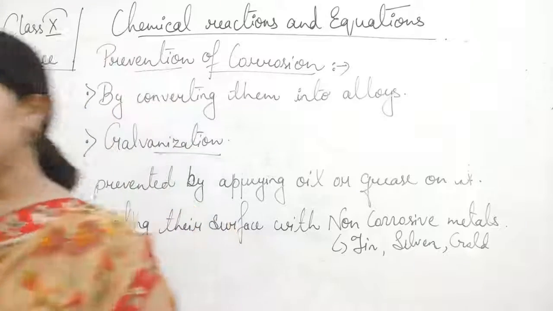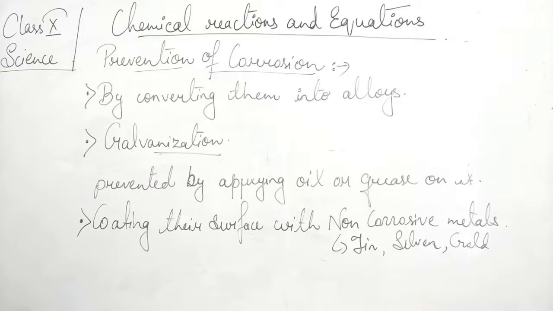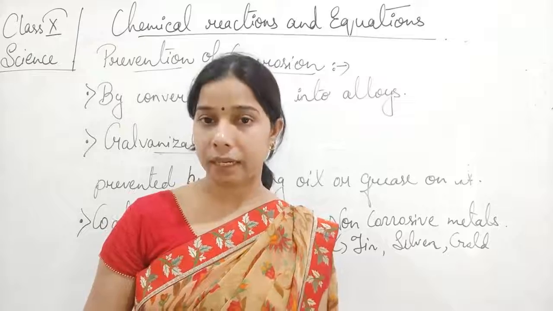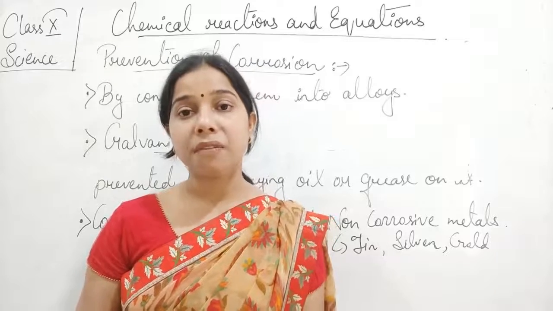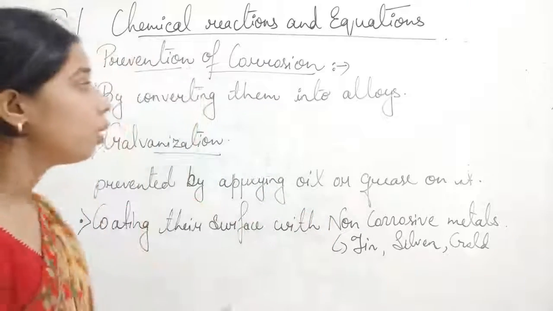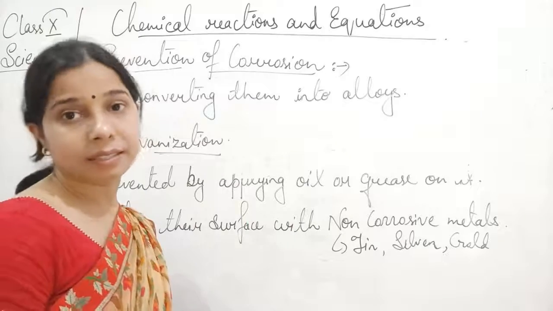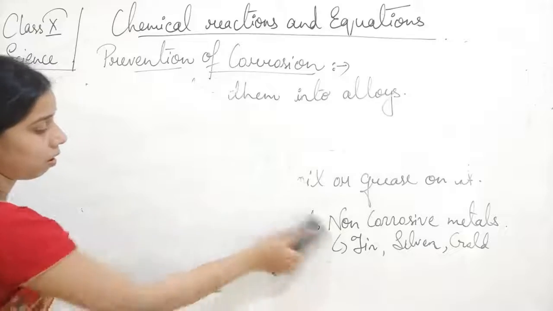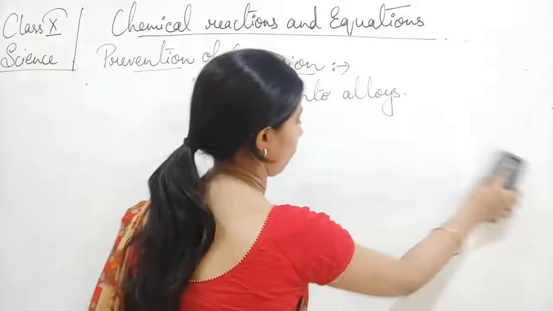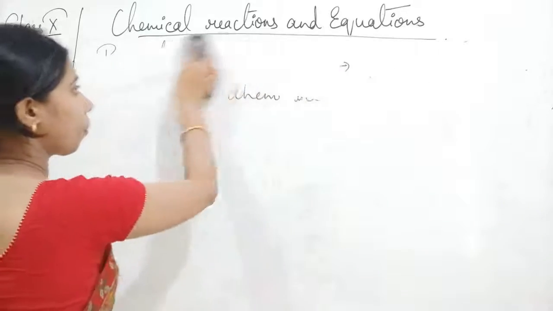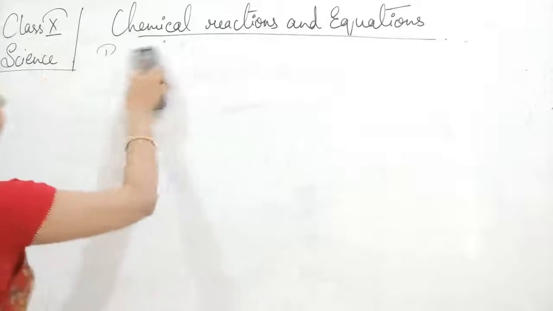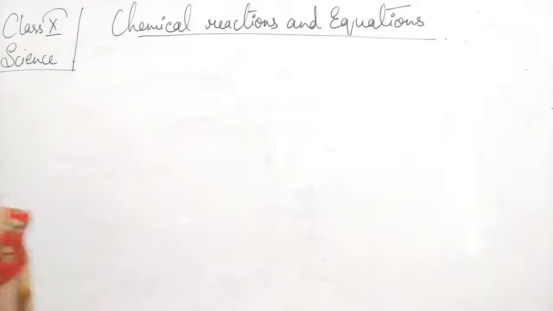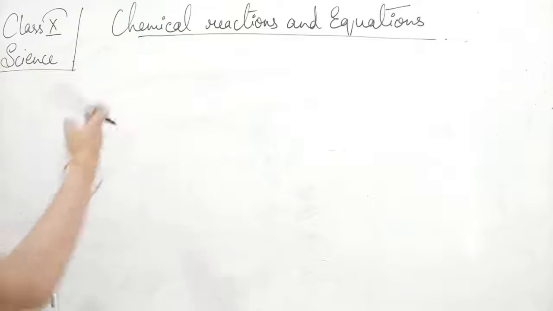The second one is again oxidation, but this time the oxidation is of the food material, oxidation of the fats and oil, which we call rancidity.